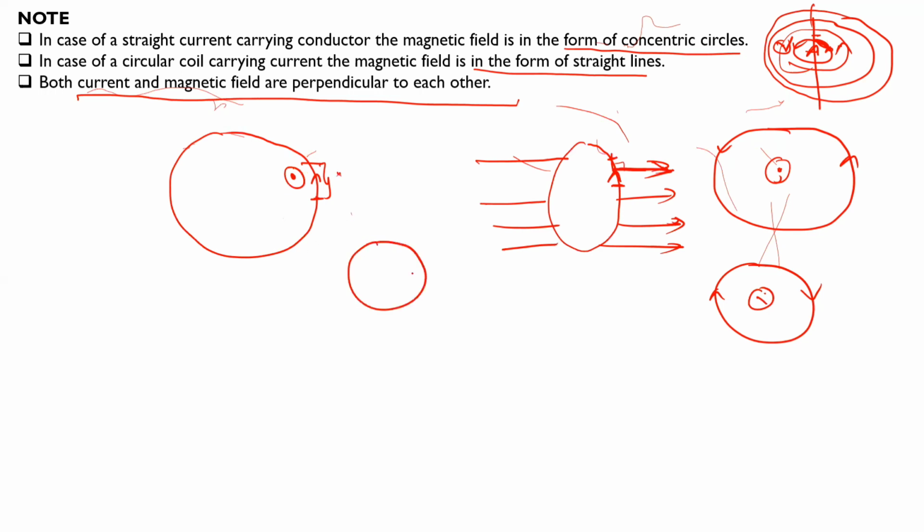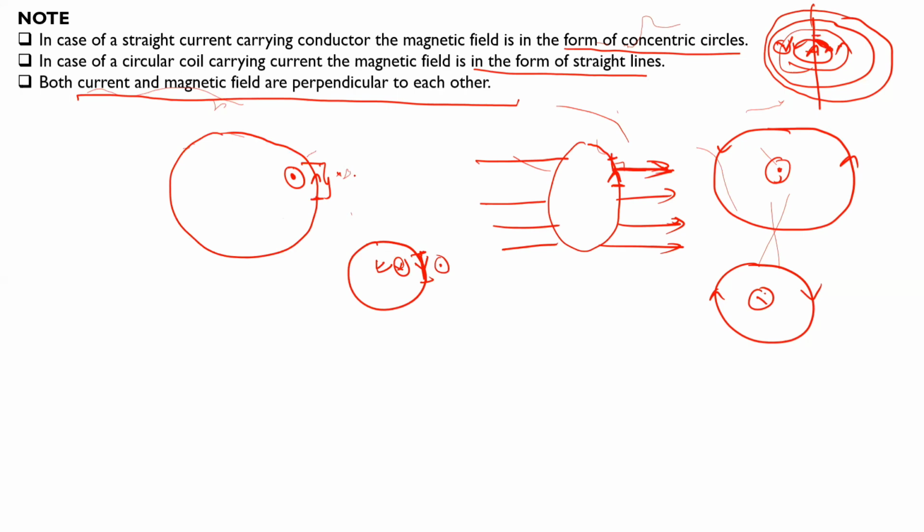Similarly, if you consider anti-clockwise this way, if your thumb is pointing in this direction, it will be inward this side, outward outside. So you can see clockwise it's inward, anti-clockwise it's outward. So you can use the right hand thumb rule in circular coil also. But perfectly, in these cases we use the screw rule for circular loop.